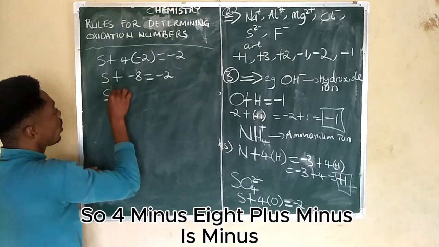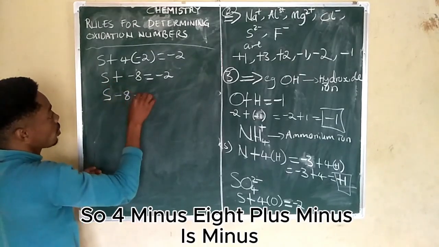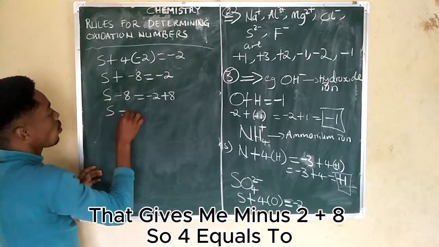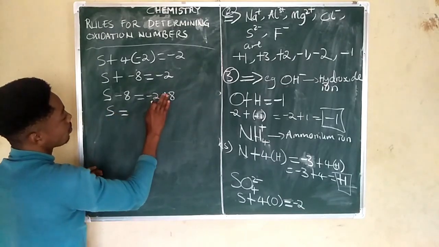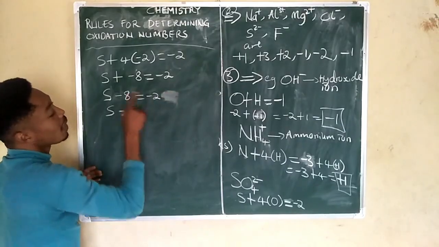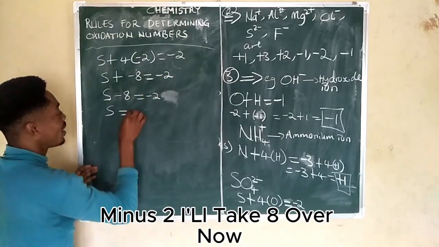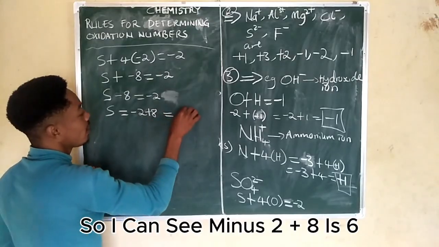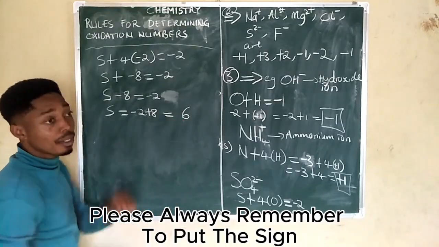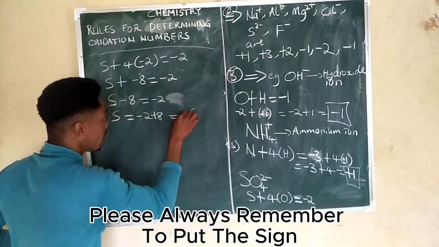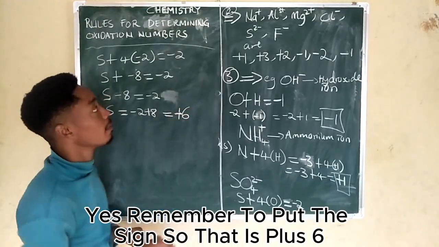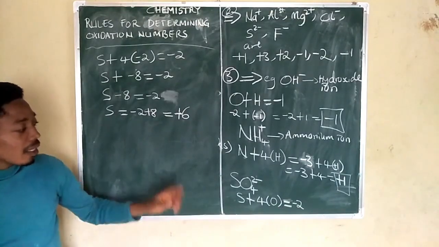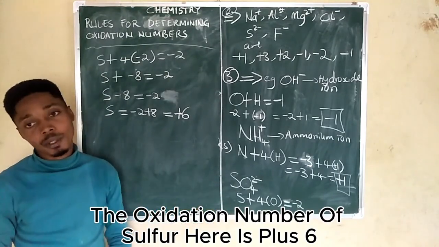That of sulfur minus 8 equals minus 2, so I take the 8 over, and it becomes minus 2 plus 8. Minus 2 plus 8 is 6. Please always remember to put the sign. So that is plus 6. The oxidation number of sulfur here is plus 6.